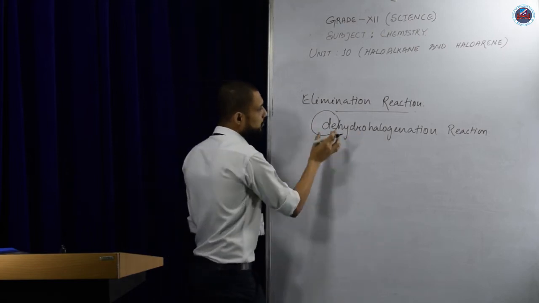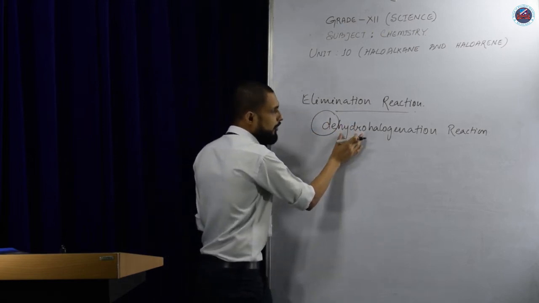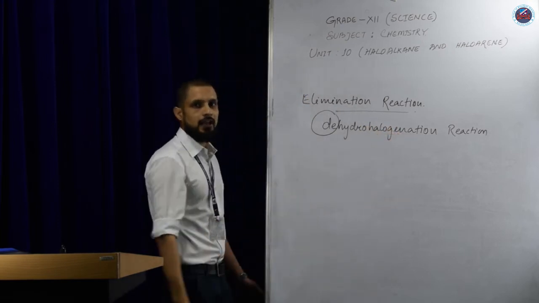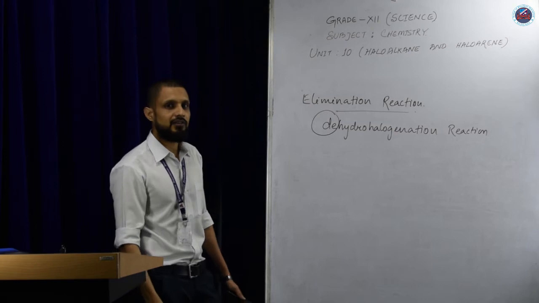So in this reaction, we'll remove hydrogen and halogen from a haloalkane, and the product we get is alkene.